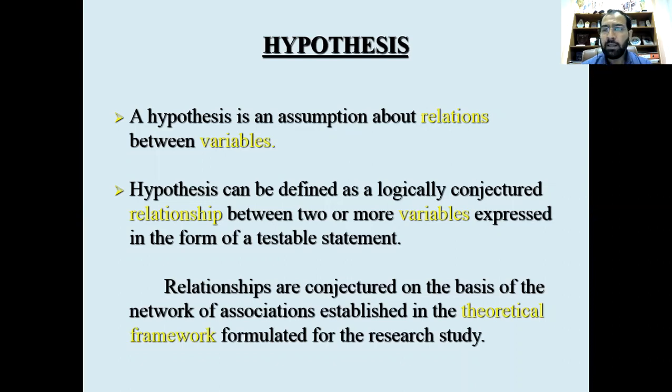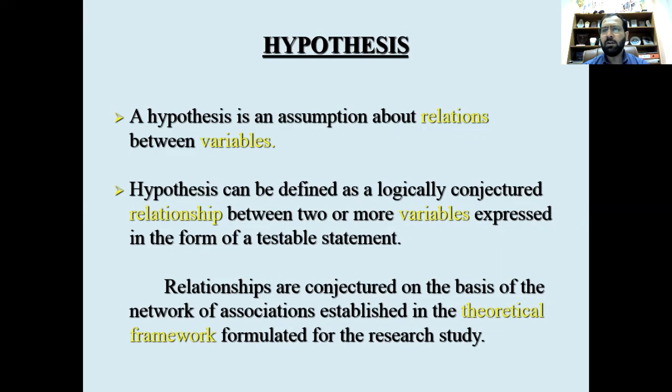In the other case, what we do is we define a hypothesis, which is an assumption about the relationship between variables. There are different kinds of variables we are talking about. One is called dependent variables, and the other is called independent variables.